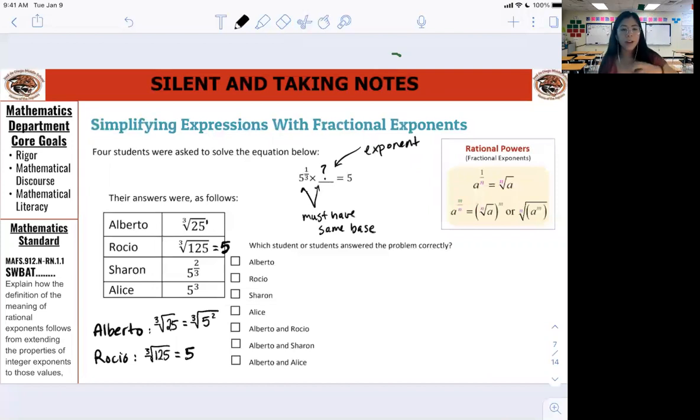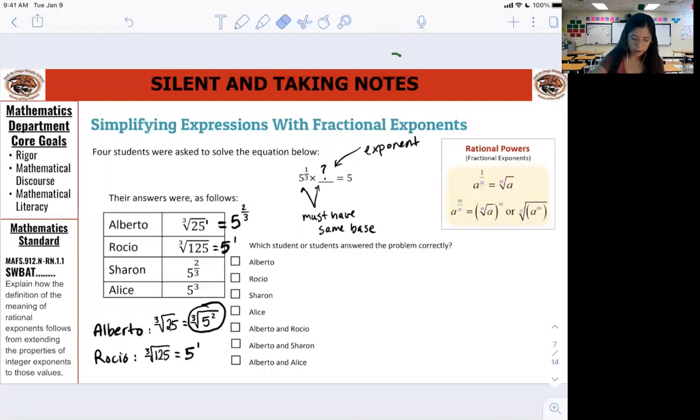That's why I'm rewriting this, because if I had the number 25 or the number 125, the bases wouldn't match each other. By writing it this way, I have the base being 5. So Rocio is 5 to the power of 1, technically. And then Alberto, how do I rewrite this as an exponent? This would be 5 to the power of 2/3.